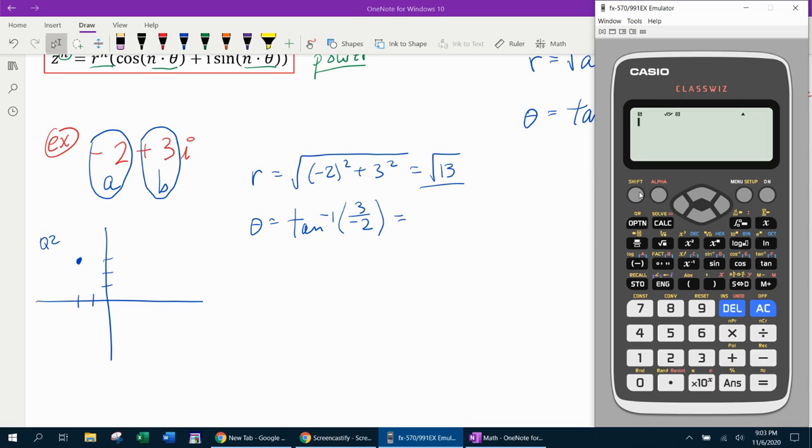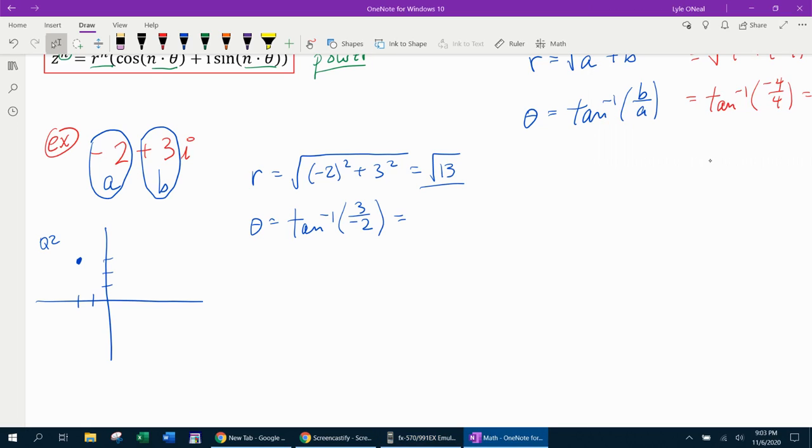Let's say inverse tangent of 3 divided by -2. Notice I'm using the divided by symbol instead of the fraction button this time. That's perfectly fine. And that's going to give me -56.3 degrees. And they'll have to tell you where to round to. I'm going to round to the nearest tenth in this case.